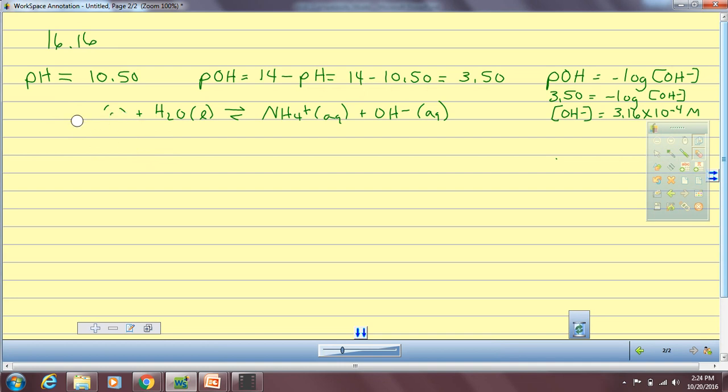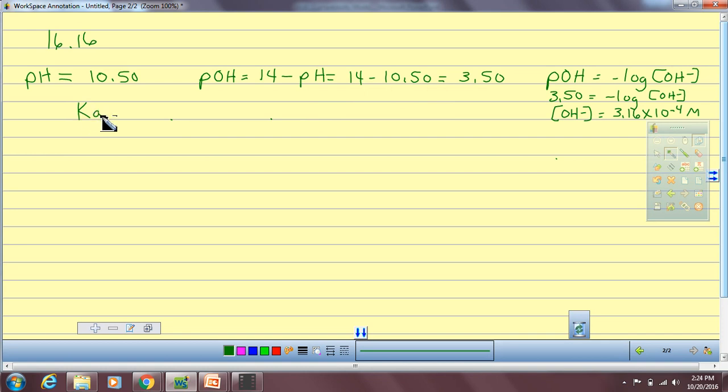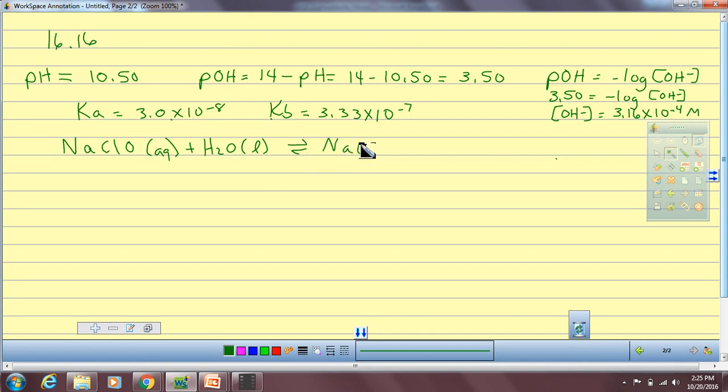Okay, we have a Ka and a Kb for this problem already. We have a Ka of 3 times 10 to the negative 8, and we have a Kb of 3.33 times 10 to the negative 7. Our equation is NaClO combined with water gives us sodium hydroxide and HClO.